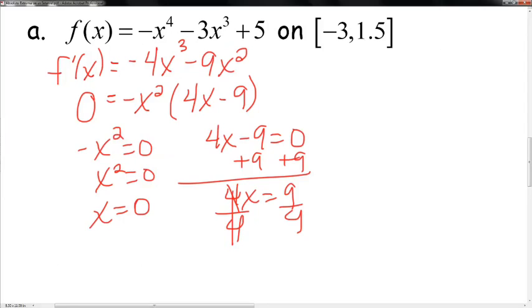Between -3 and 1.5, I need to check when x is equal to 0 and when x is equal to 9/4. And notice 9/4 is 2 1/4, so 9/4 is not in my interval. So I'm going to cross that one out.